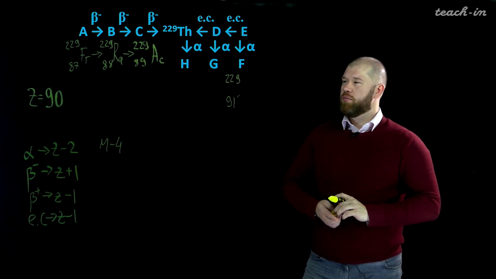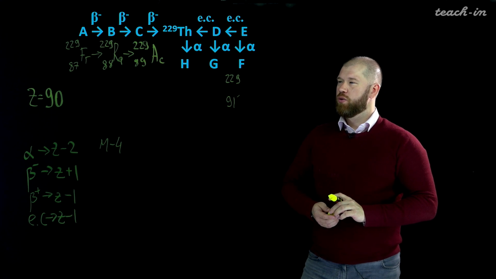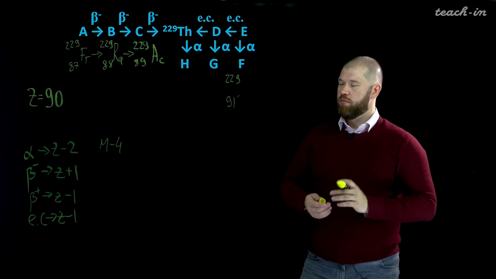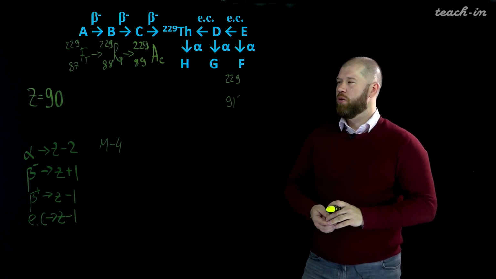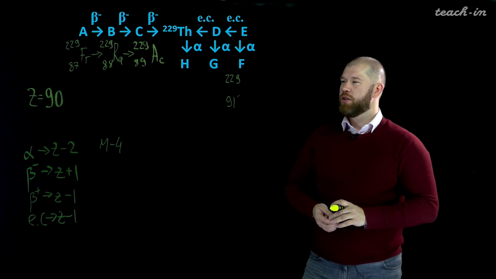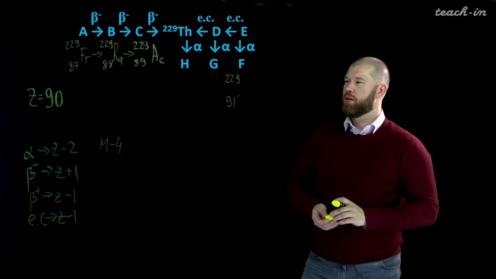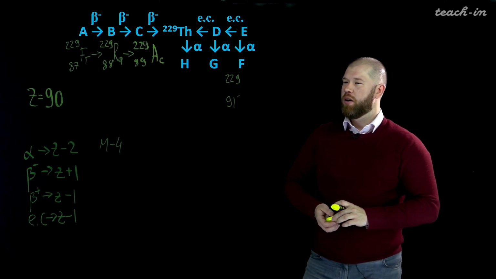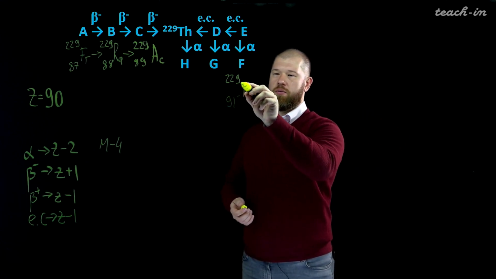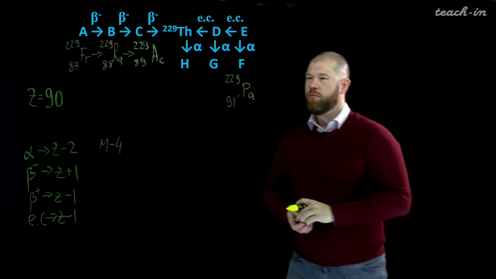And again, we should go to the periodic table of elements to see what is the element number 91, and it is protactinium.